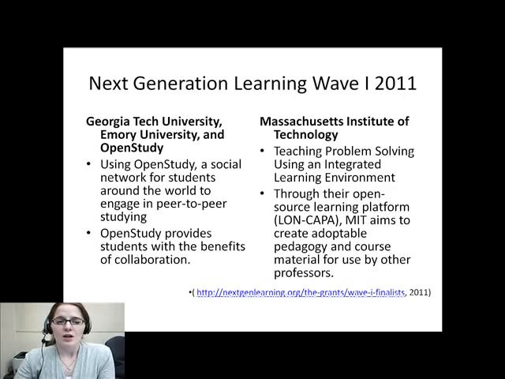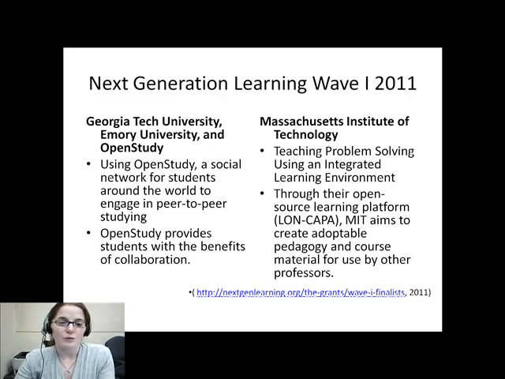The Next Generation Learning Challenges wave is set up by the Bill and Melinda Gates Foundation, and they announced a list of 47 finalists, which were basically awarded or were really innovative in utilizing social networking, social media, and applications in the class. So different courses and different classes around the country are trying to integrate different ways to use these activities in the classroom.